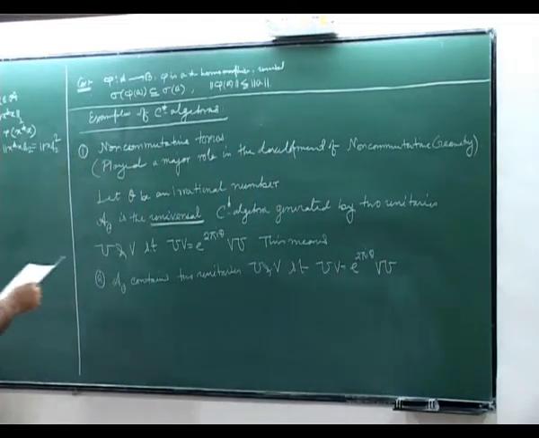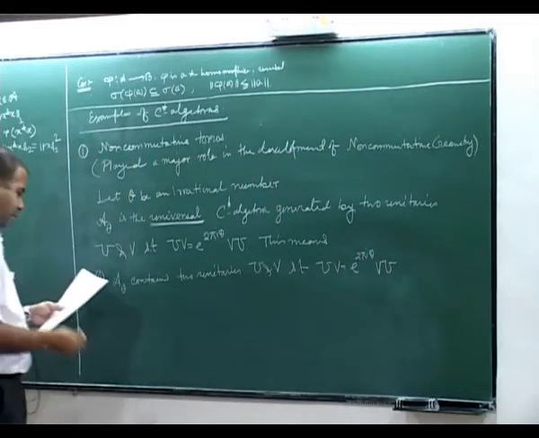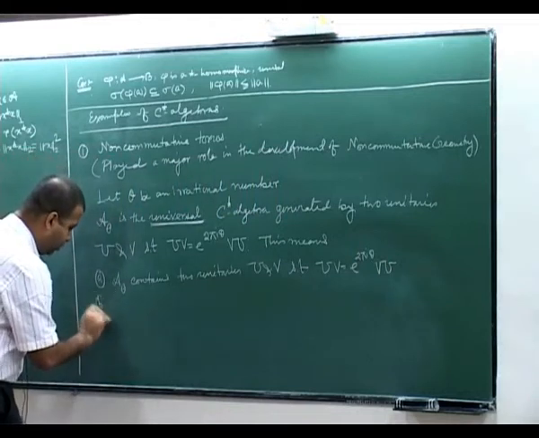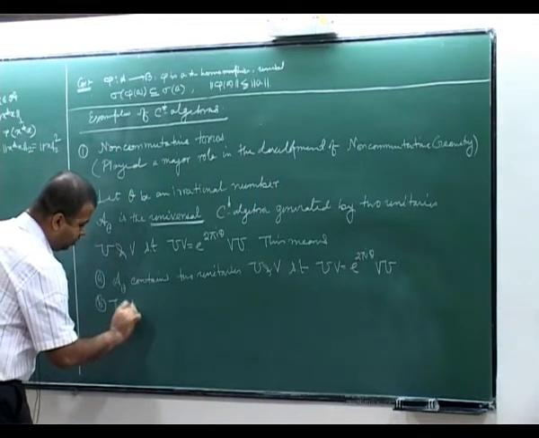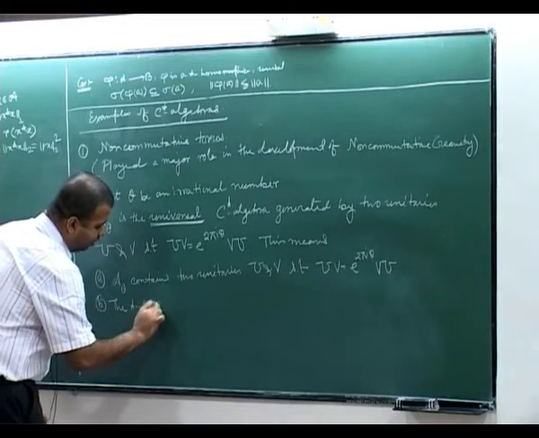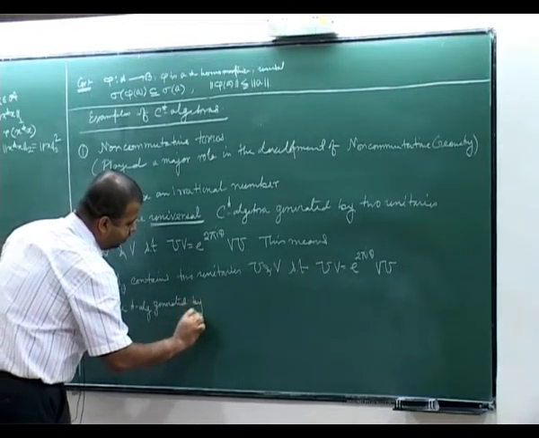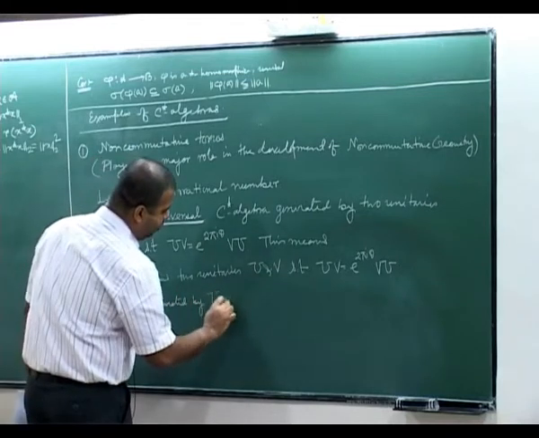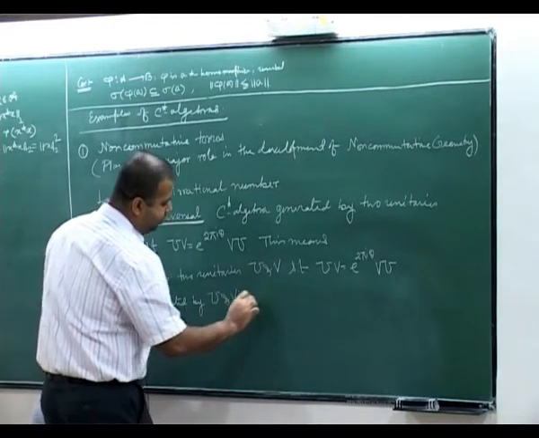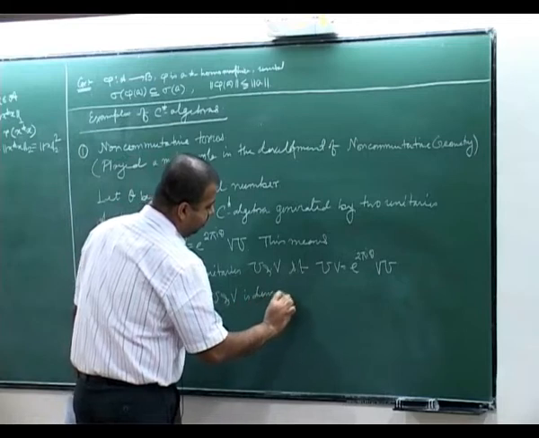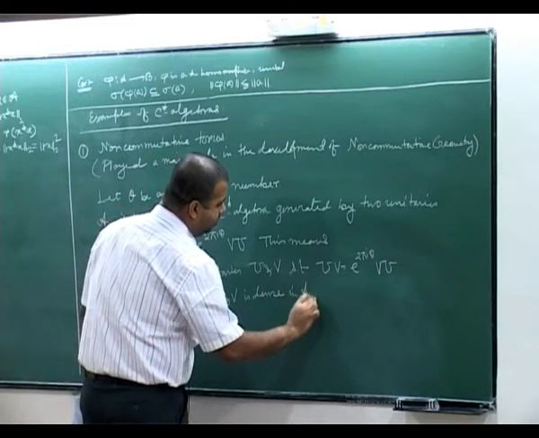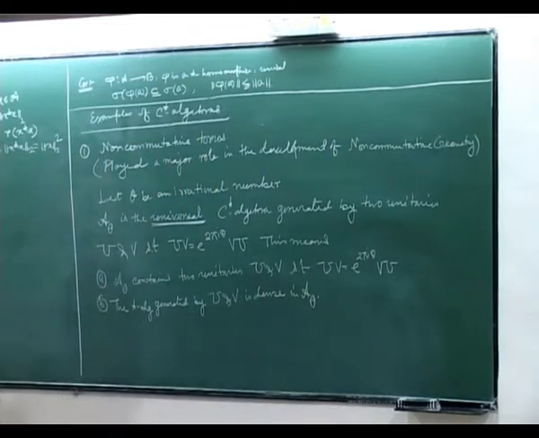Okay. Secondly, the star algebra generated by U and V is dense in A theta.